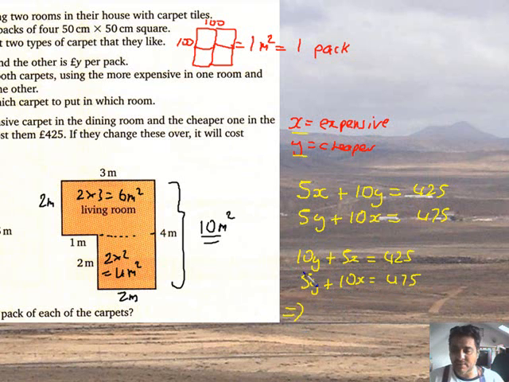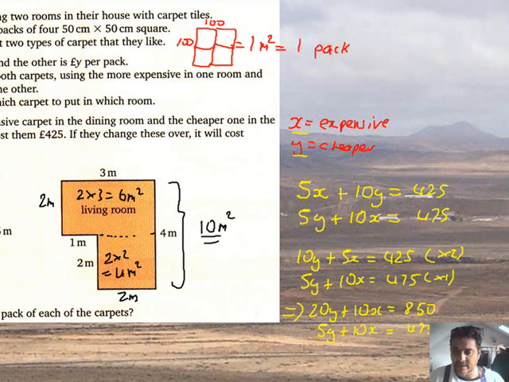So if I double up the top one, I go 20y's, 10x's, £850. Is that alright? Just doubling up that one. So times that one by 2, and you stay by yourself. Write the other underneath. 5y plus 10x's comes to £475.